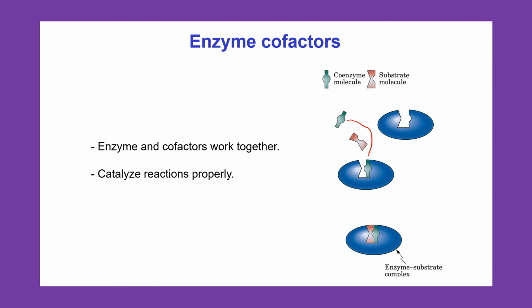After that, the substrate molecule can easily bind in the active site of the enzyme and form an enzyme-substrate complex, which is necessary for the completion of the reaction. An inactive enzyme without the cofactor is called an apoenzyme, while the complete enzyme with cofactor is called a holoenzyme.